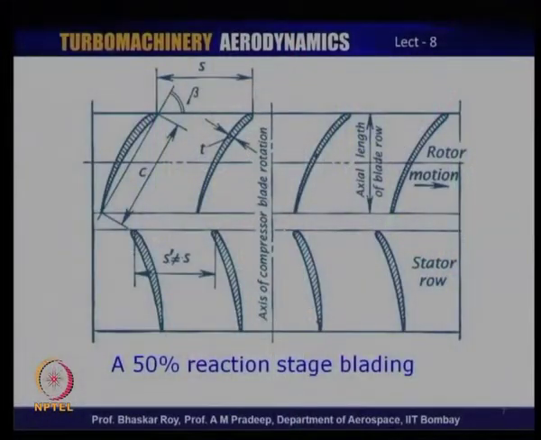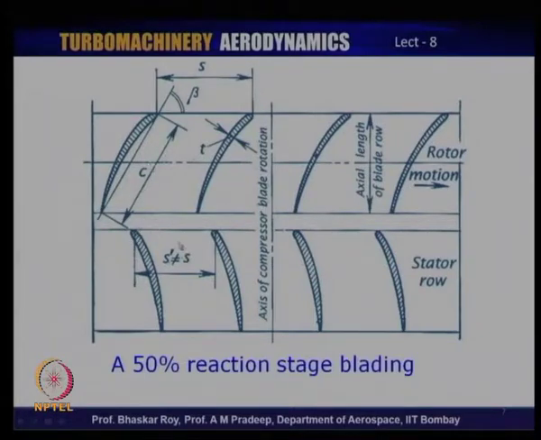Okay. Now, if you take a typical blade profile or stage design, which uses a 50% degree of reaction stage, what we see is the rotor and the stator are angled equally. That means, the flow coming into the rotor at an angle beta, and the flow coming into the stator at another angle alpha 2, is likely to be the same.